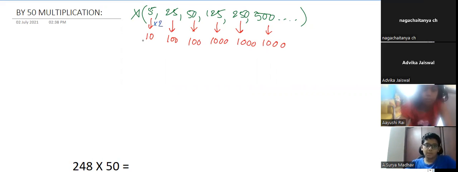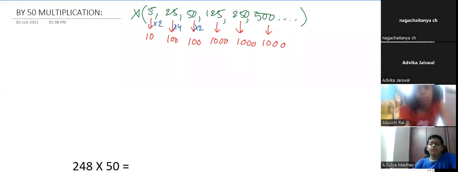Times 2. 25 becomes 100, it is times 4. 50 becomes 100, times 2. 125 becomes 1,000, times 8, nothing but doubling 3 times: 125 doubled is 250, 250 doubled is 500, 500 doubled is 1,000. It is times 8.